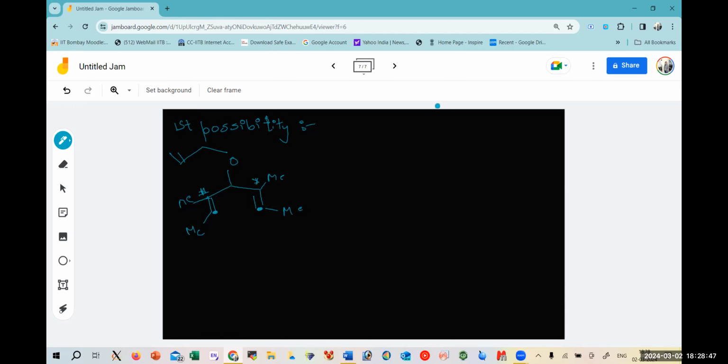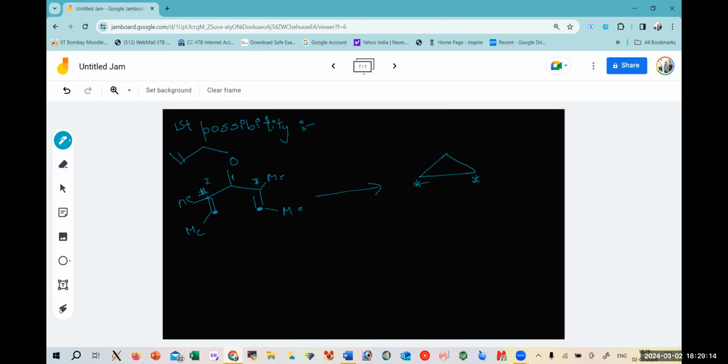The star marked ones are going to combine and form a double bond, and the dotted one would give you the other part. If you find it difficult to identify where the bond is going to form, try to name it. Say, for example, I'm naming this.